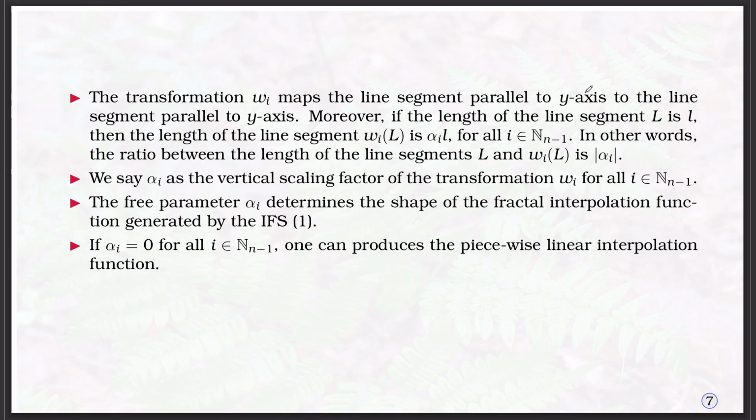Now we will check what is the role of this parameter. The transformation Wi maps a line segment parallel to the y axis to a line segment parallel to the y axis.